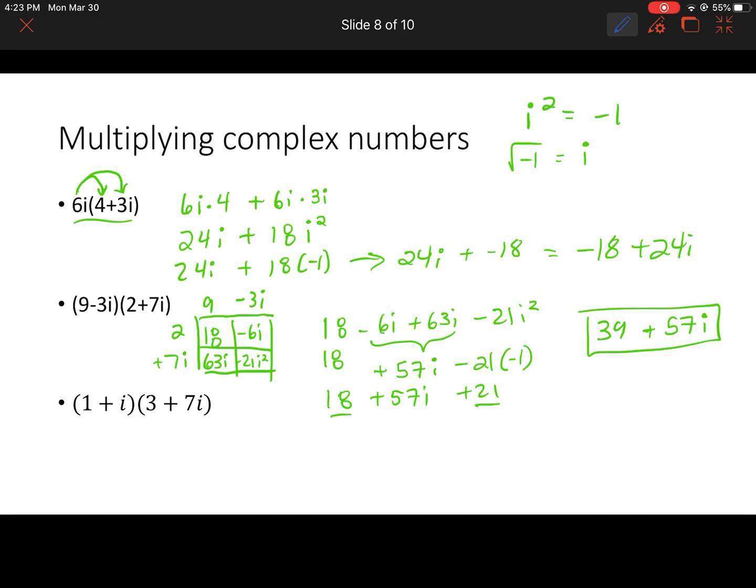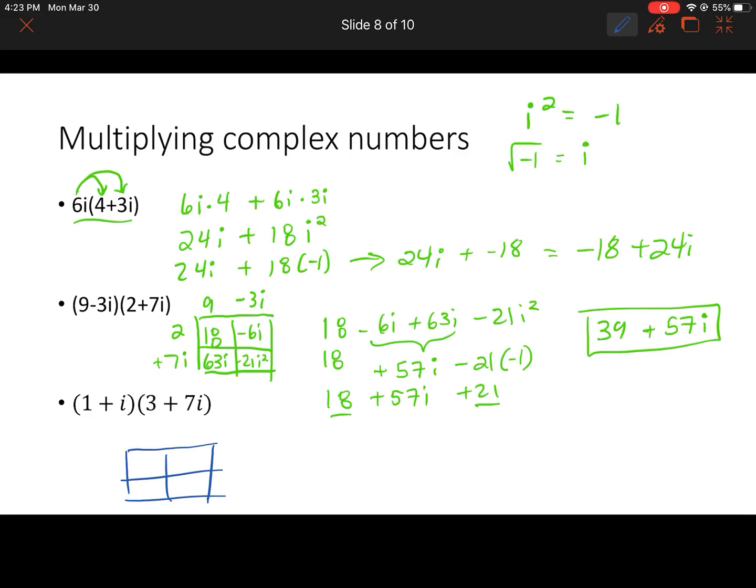Let me change the color so that it's easier to see my solution for the next one. Well, the next one actually follows the same process. We have two complex numbers that are wanting to be multiplied together. So we're going to draw our box method. You can always use FOIL for this, but it's really up to you.